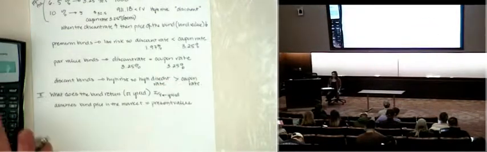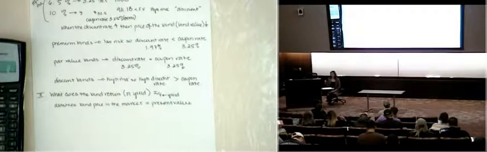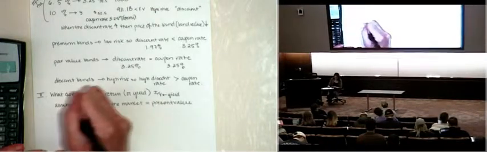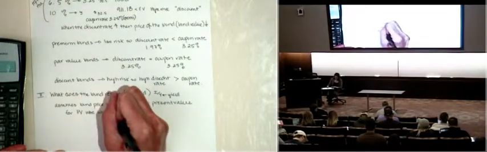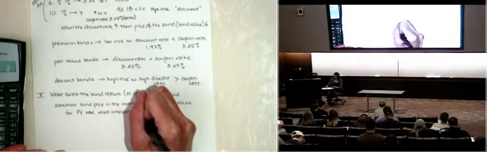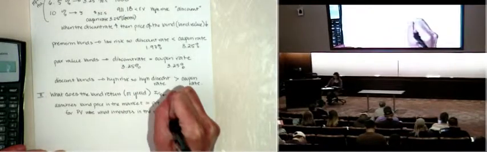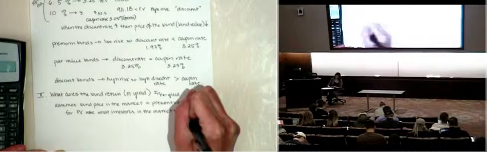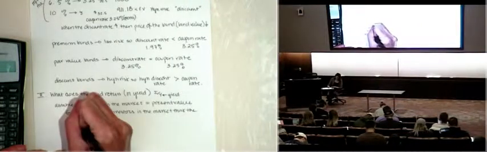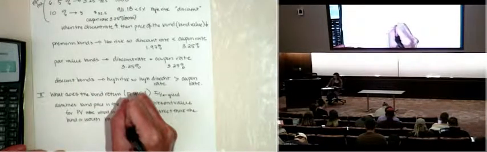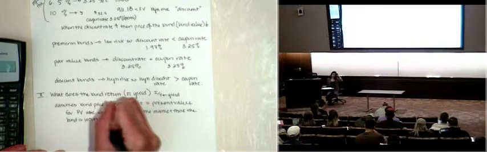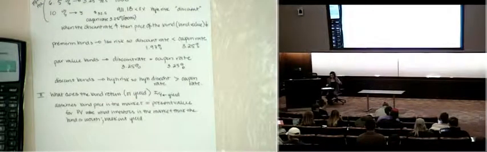So for our PV, we are going to use what investors in the market think the bond is worth. And then we're going to use that to back out the yield of the bond. This is not something you can do without a calculator. You must have a financial calculator to do this math. It's not possible. There's no formula to do it.